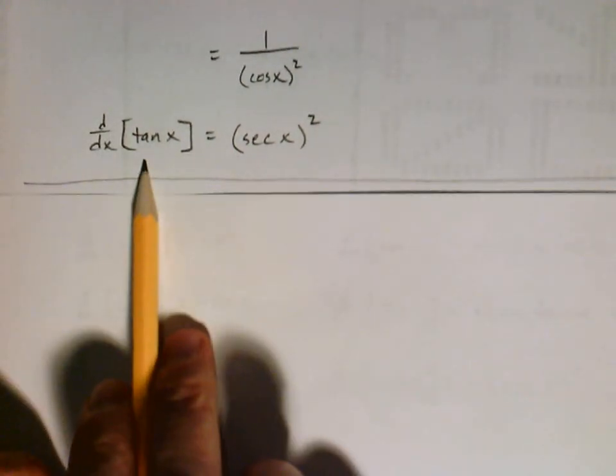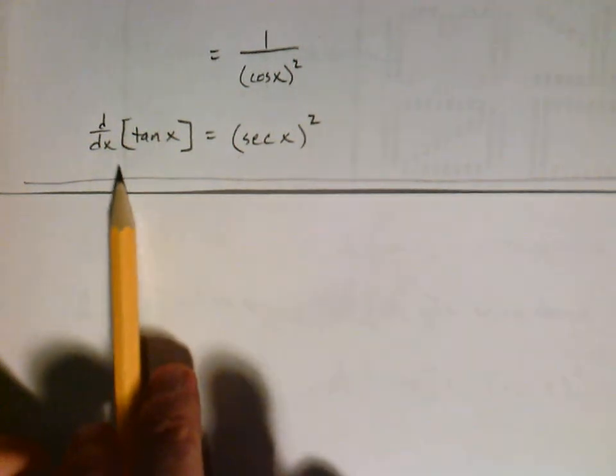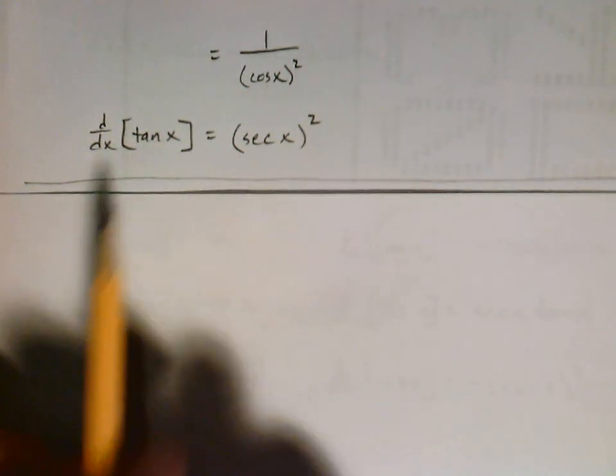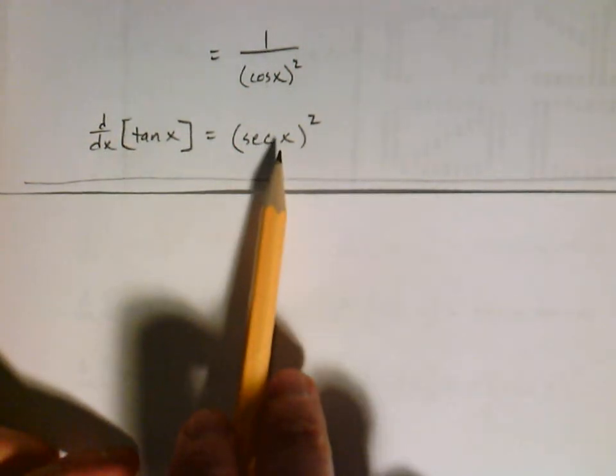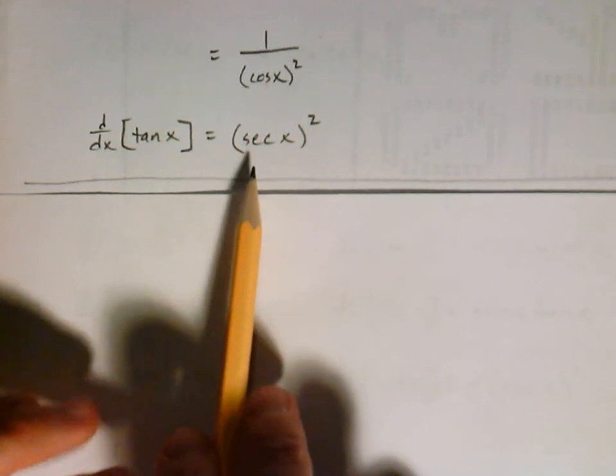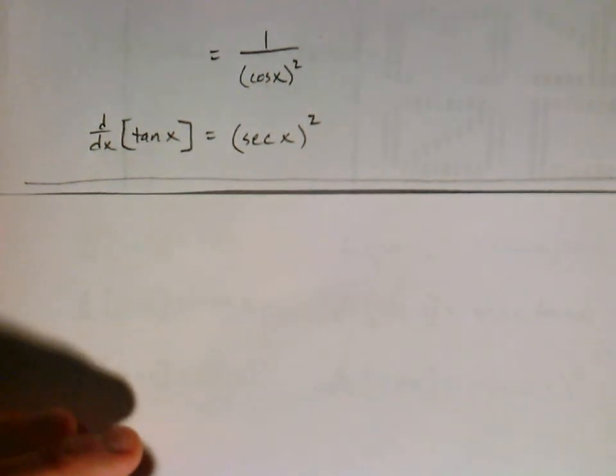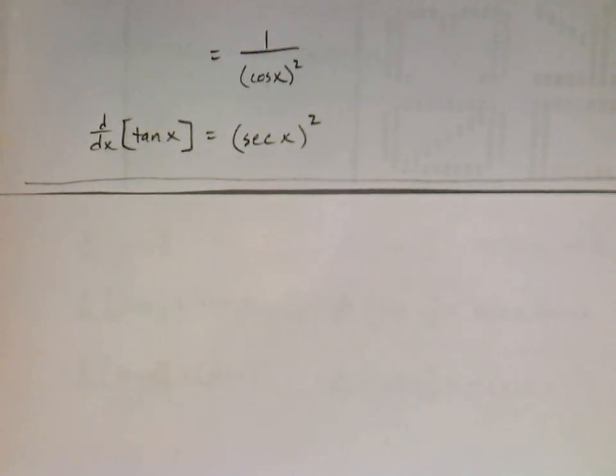And then I wrote this again just to kind of cap it off. Turns out the derivative of tangent of x, surprising, yet pretty simple, is the secant of x squared. Definitely did not see that coming. But there you go.